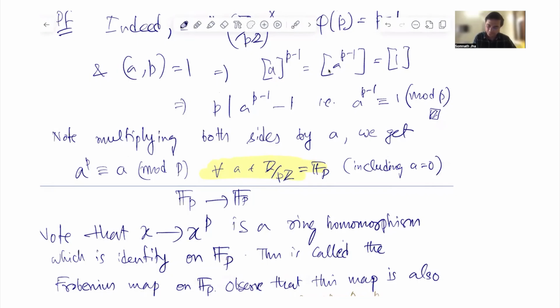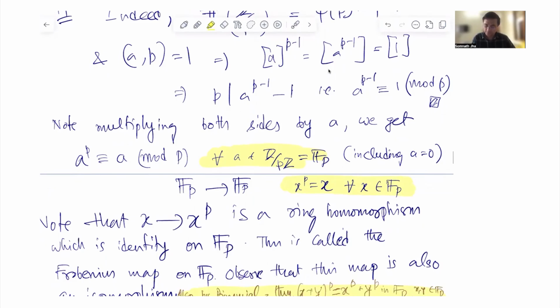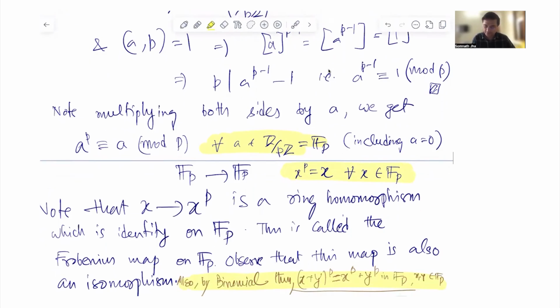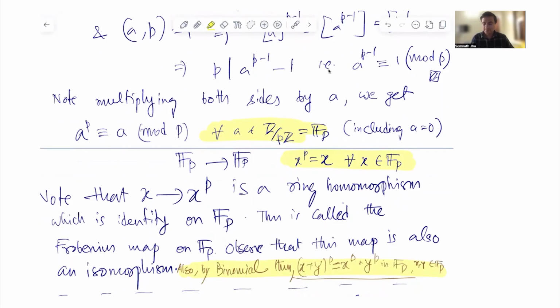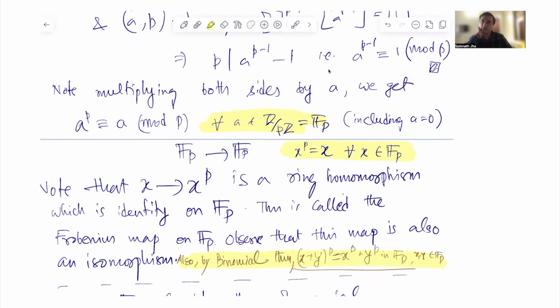So x to the power p equals x for all x belonging to F_p. So x going to x to the power p gives you an identity map on F_p. But actually, in particular, it's a ring homomorphism because it's an identity map. It is injective as well as surjective.